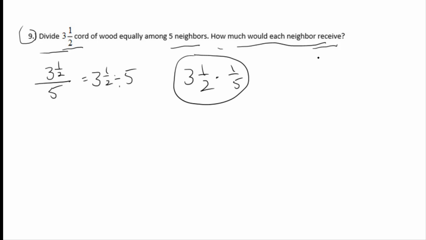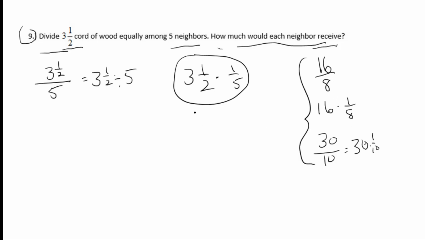Taking some arbitrary number and dividing by 8, say 16 divided by 8, is the same thing as taking 16 and multiplying it by 1/8. Taking some other number like 30 and dividing it by 10 is the same thing as taking 30 and multiplying it by 1/10. So this understanding is pretty crucial here.